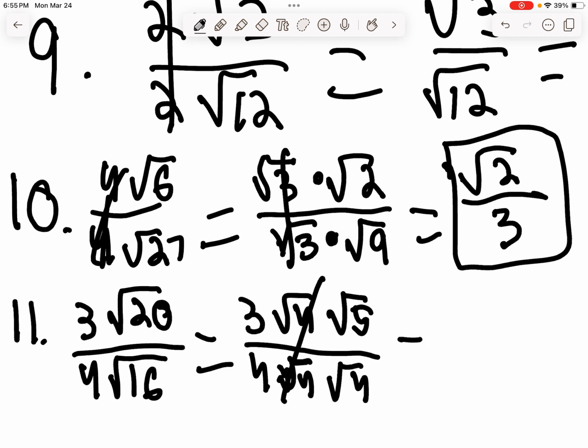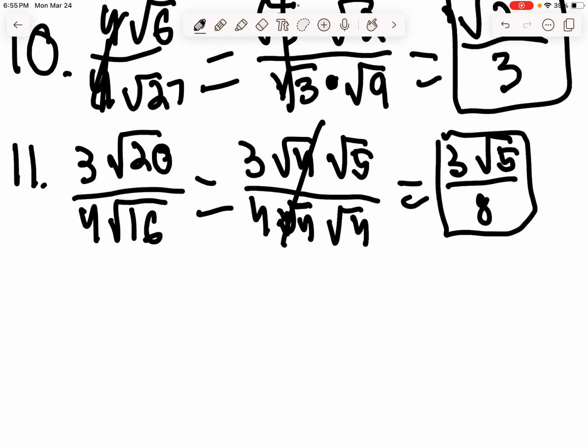Boop. That's gone. Get 3 times the square root of 5 over 4 times the square root of 4, aka 2. So 4 times 2 is just 8, and we are done. For this one, at least. Trust me, the day's never finished.